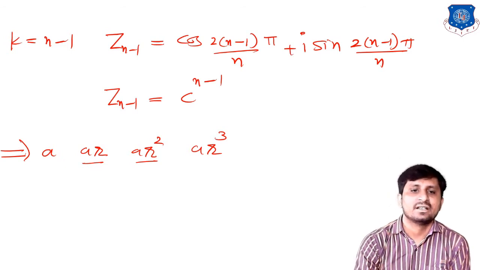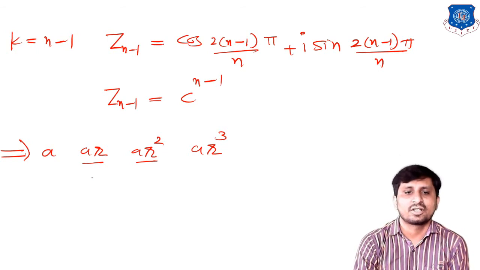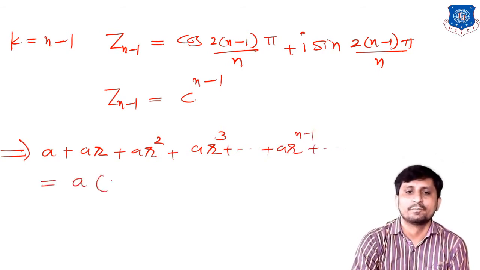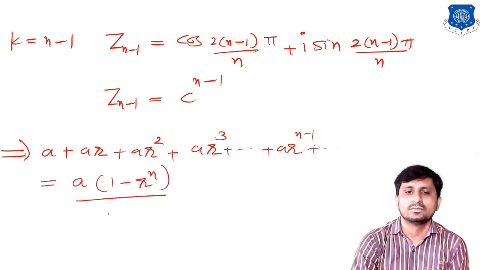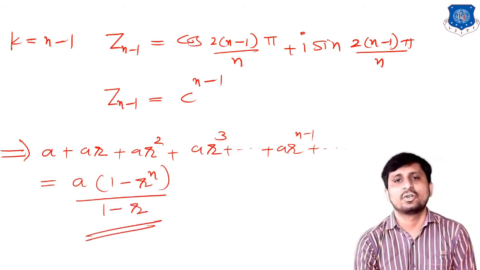Okay, and for the summation of a geometric series, we use this formula: a plus ar plus ar square plus ar cube plus up to ar raised to n minus 1. For that we use this formula: a into 1 minus r raised to n upon 1 minus r. Okay, so this is a formula for geometric series that you have to remember.